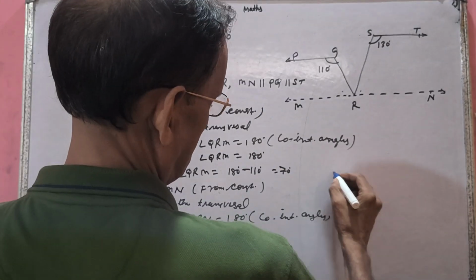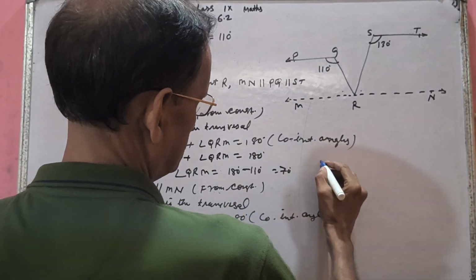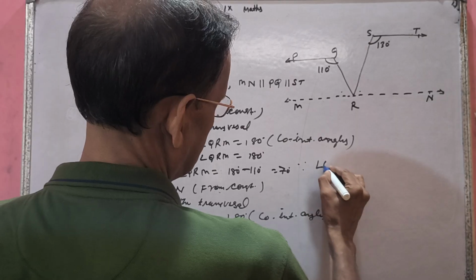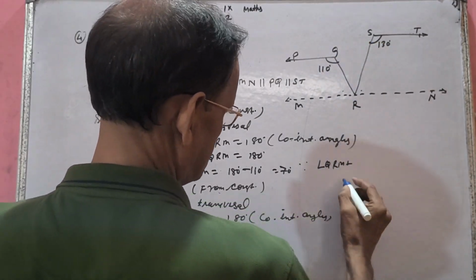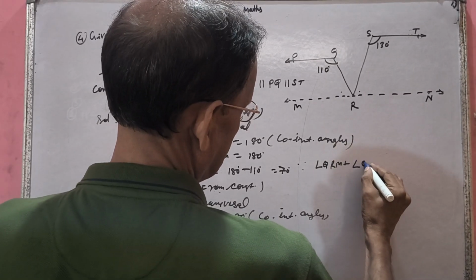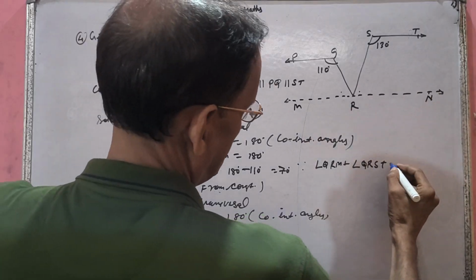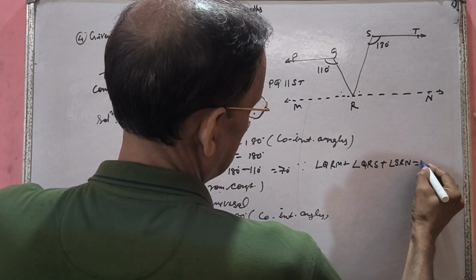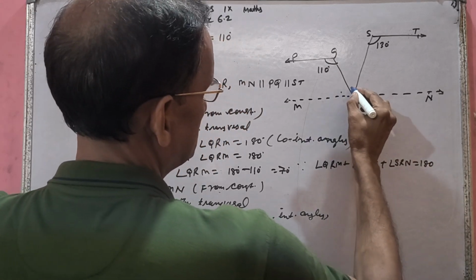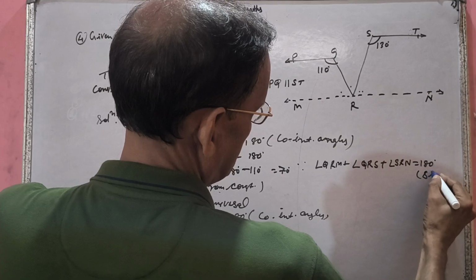So now I am writing here, since angle QRM plus angle QRS plus angle SRN is equal to 180 degrees. These three make a straight angle. You can write straight angle.